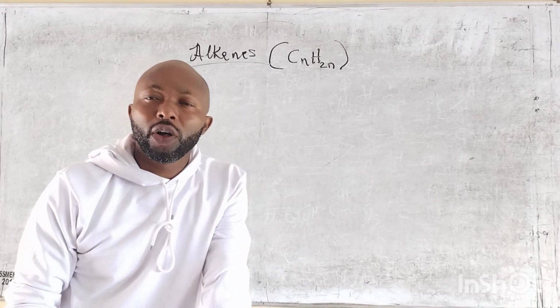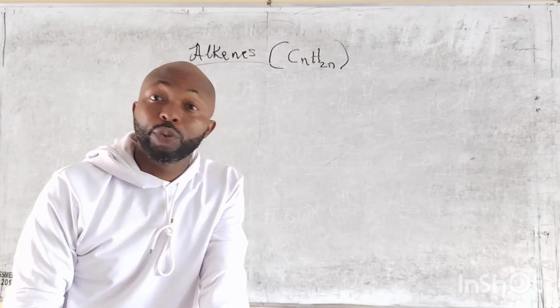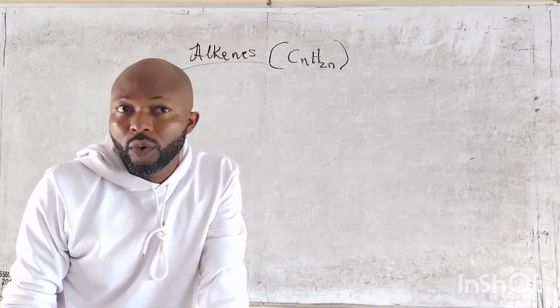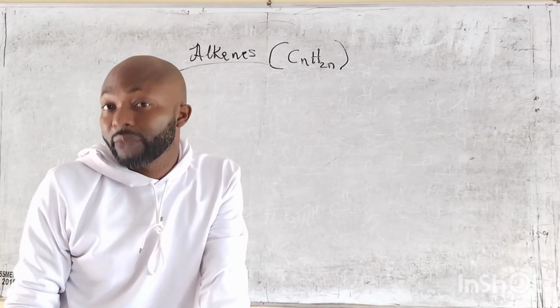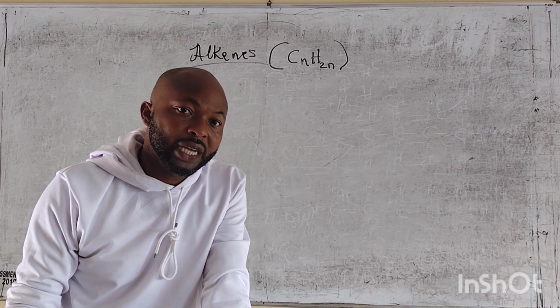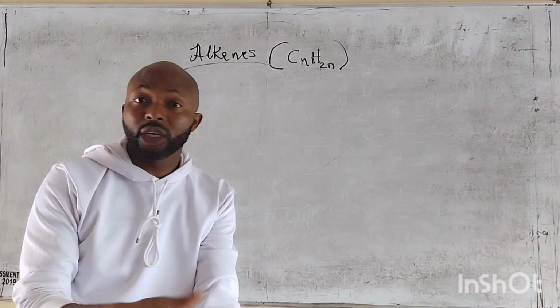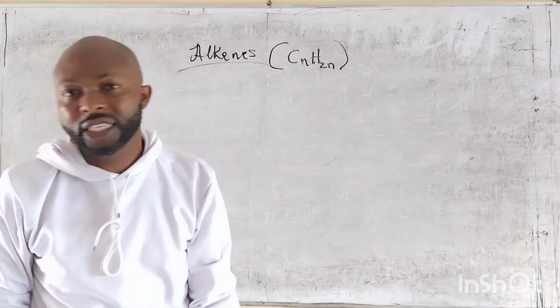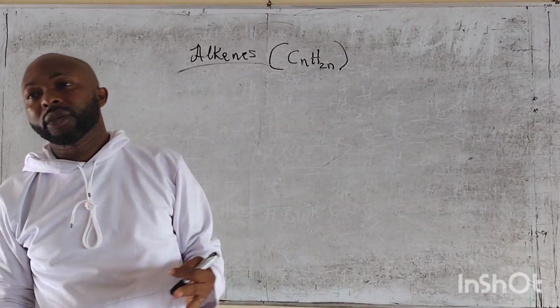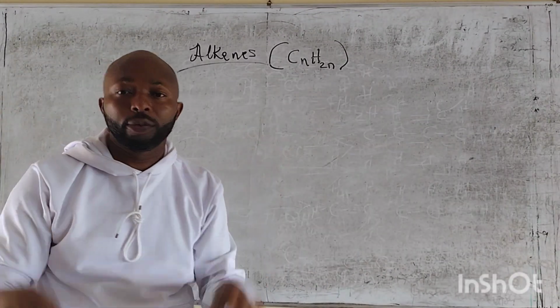Now, in double bonds, we have three types of isomerism. We have the positional isomerism, we have the structural isomerism, and we have the geometric isomerism. All these are exhibited by the double bonded compounds. Let us see how. We're going to take some questions in relation to that, but then let's see what positional isomerism is. Positional isomerism is just the difference in the position of the double bonds.